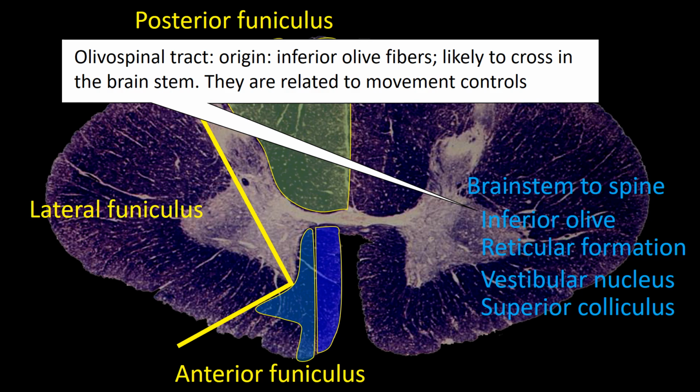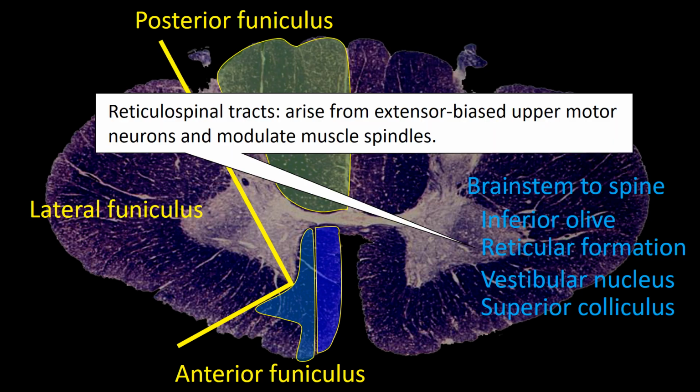The fibers from the inferior olive cross in the brainstem and descend only as far as the cervical spine. The reticular formation: the tract formed from the reticular formation has extensor bias upper motor neurons and it modulates muscle spindles.